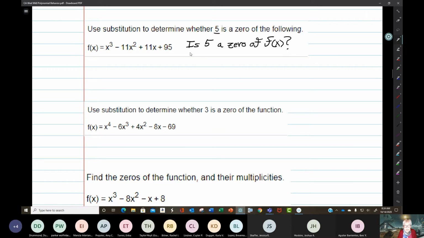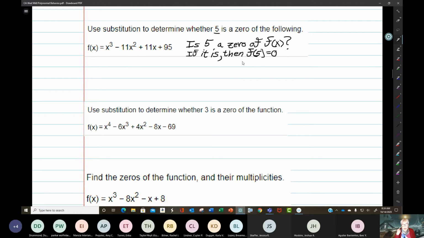If it is, then f of 5, that is, you put a 5 in for all the x's, will equal 0.